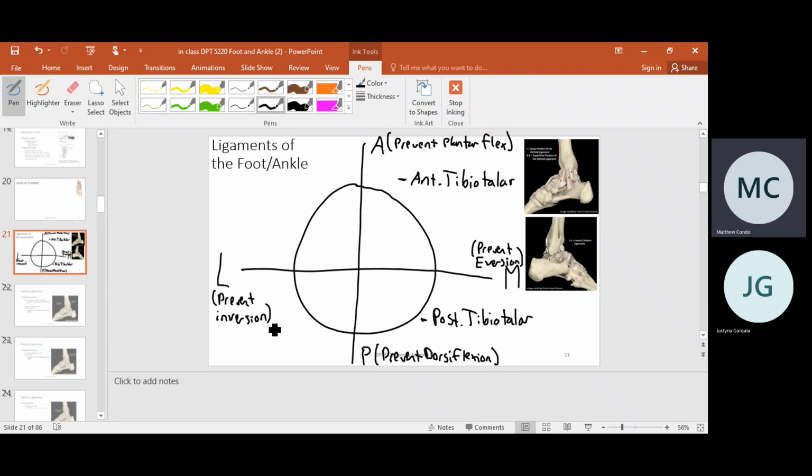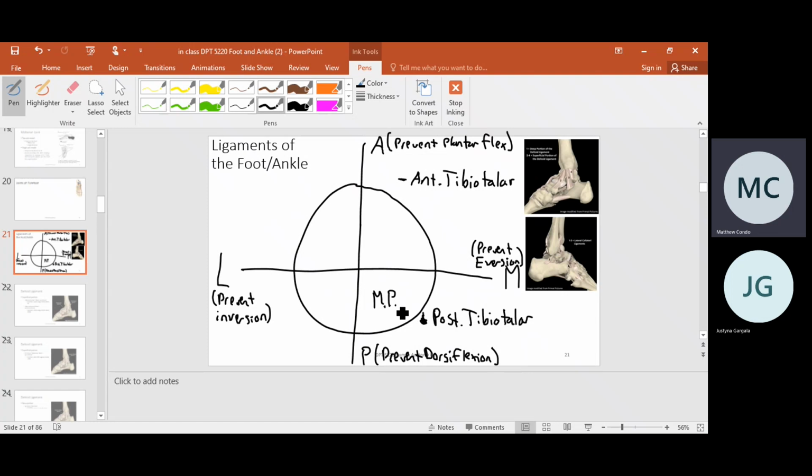So then depending on what quadrant these ligaments are in, that should tell you the 2 motions that they prevent, right? So this posterior tibio-talar is in, let's call it quadrant medial posterior. It's going to prevent dorsiflexion and eversion, right?